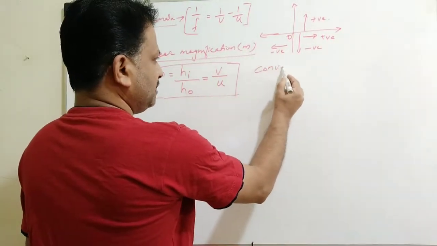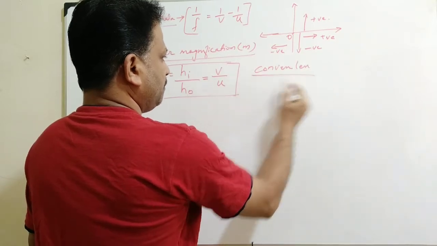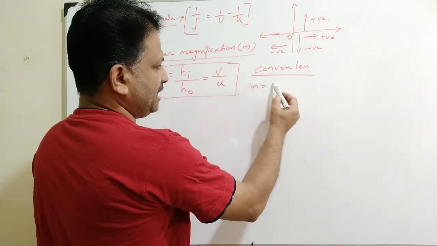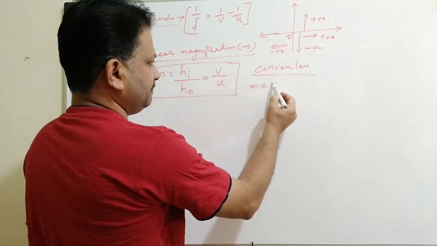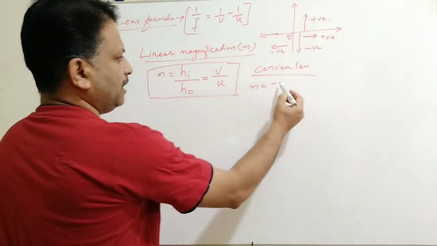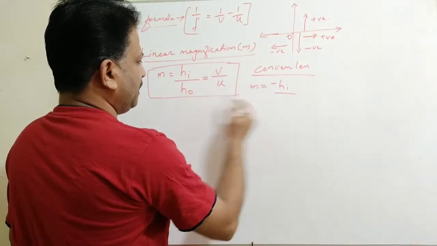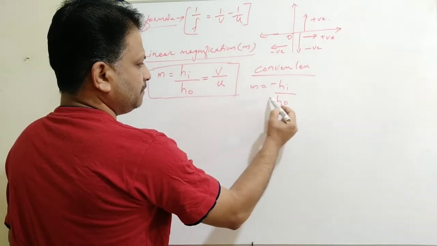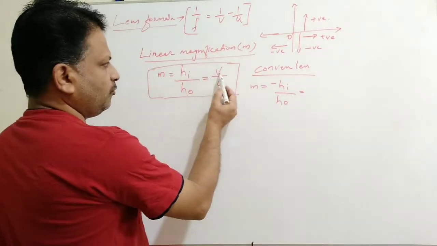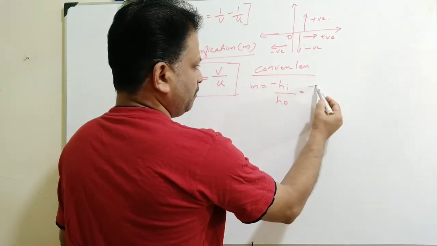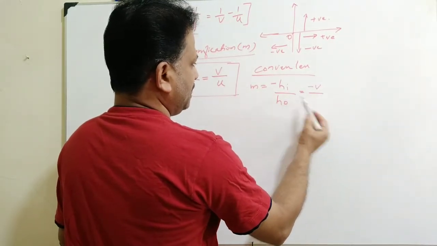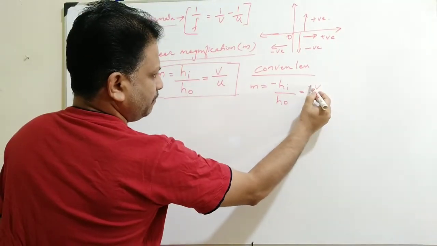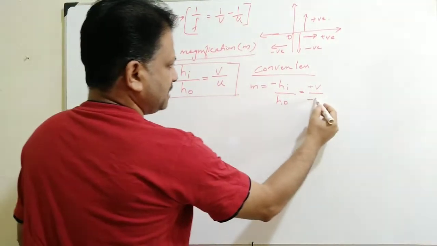For a convex lens, let us see, magnification m is equal to height of the image. Height of the image is taken as negative, so minus hi, upon height of the object, which is taken as positive, ho, that's equal to image distance, which is taken as plus v, and object distance is minus u.